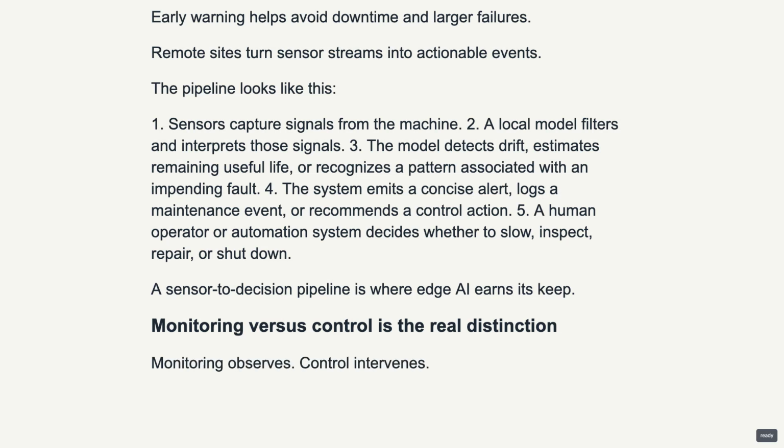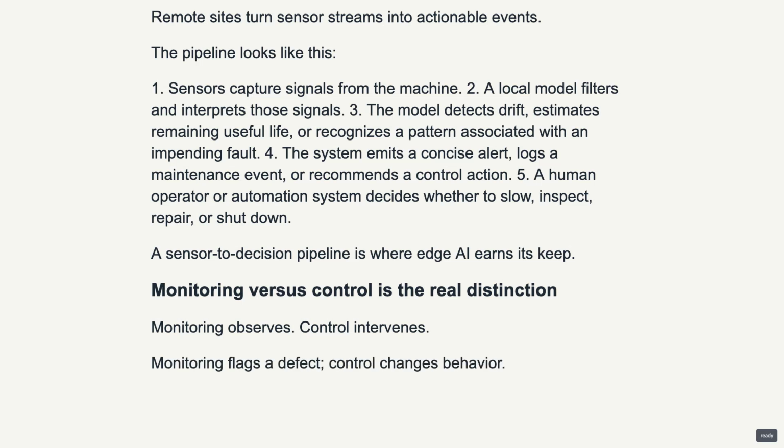Control means acting on the system itself, so the model's output changes behavior instead of only describing it. A defect detector is monitoring, while a robot that slows for a nearby person is control.